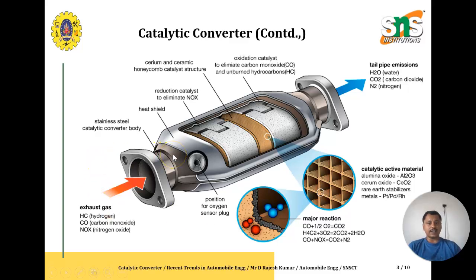This catalytic converter consists of a filter. That filter is used to eliminate the harmful gases. So at the end of the tailpipe, you can see here the hydrocarbons are converted into H2O. The carbon monoxide is converted into carbon dioxide. The nitrogen oxide is converted into nitrogen. It is because of the active material that is present inside the catalytic converter.